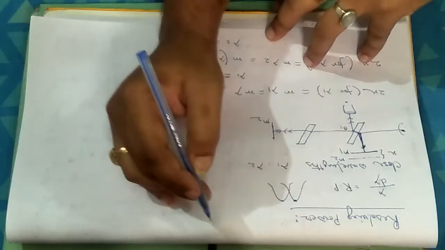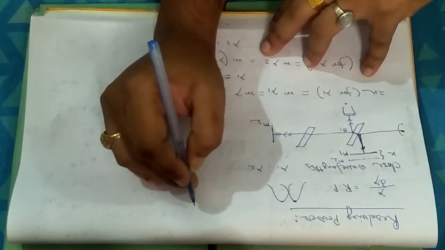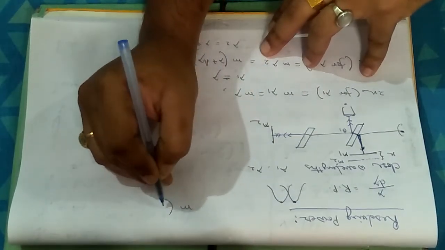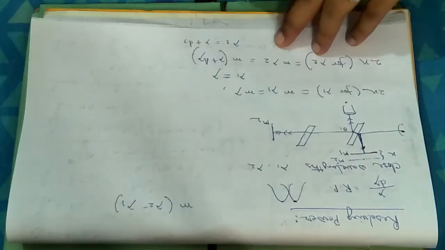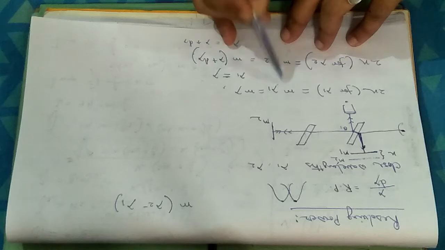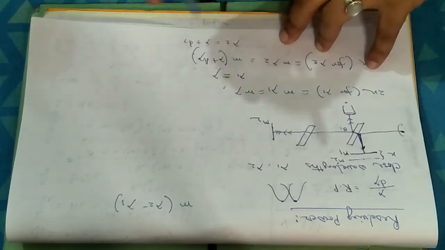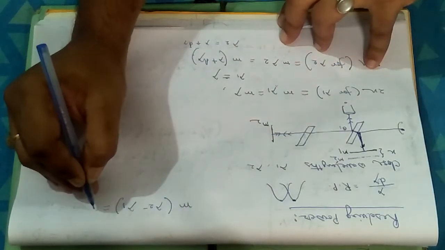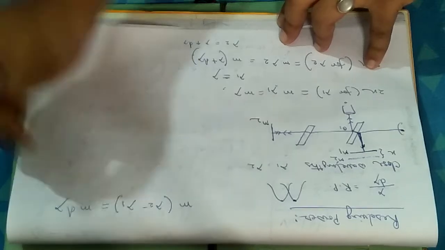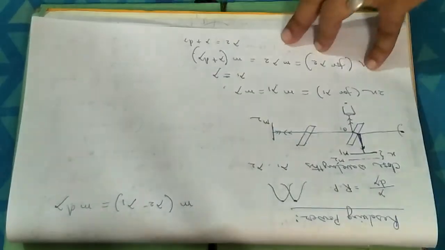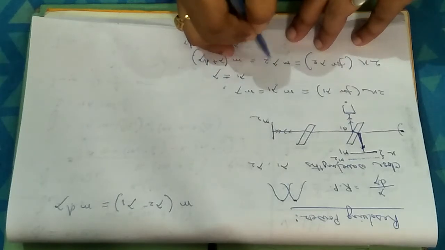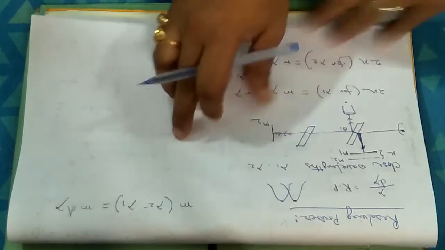From the principle of superposition, I can write now m into lambda 2 minus lambda 1, that will be equal to m d lambda. Concentrate, I am using these two equations only. From these two equations I am writing this one.